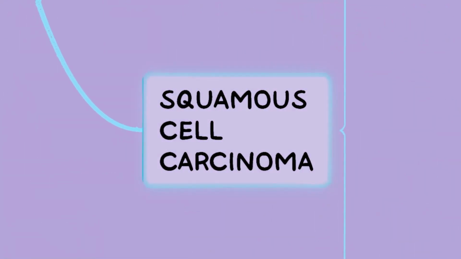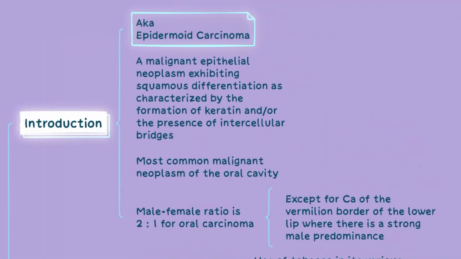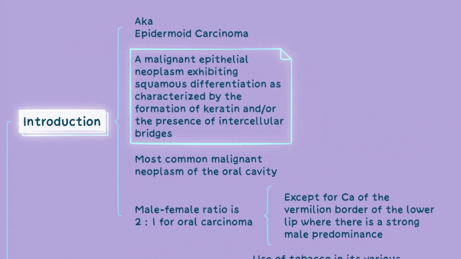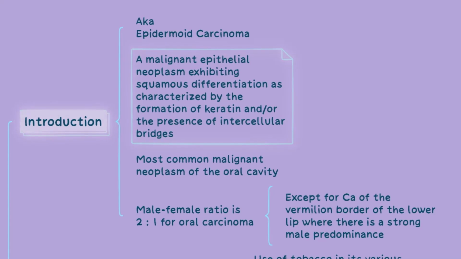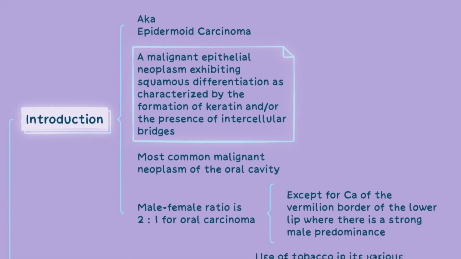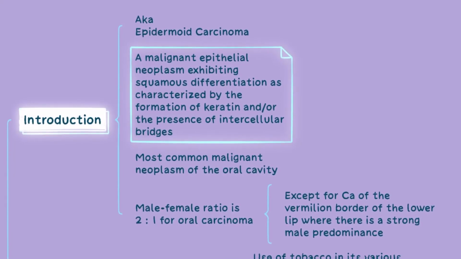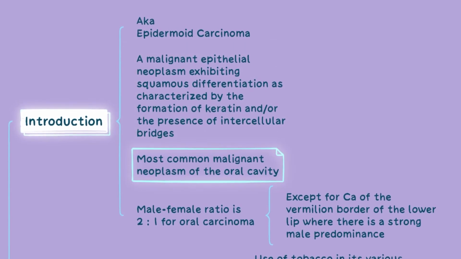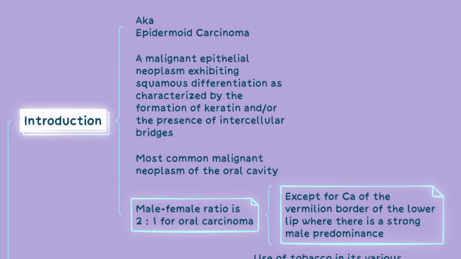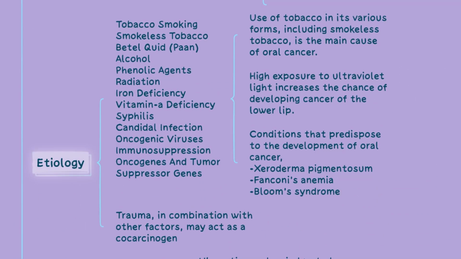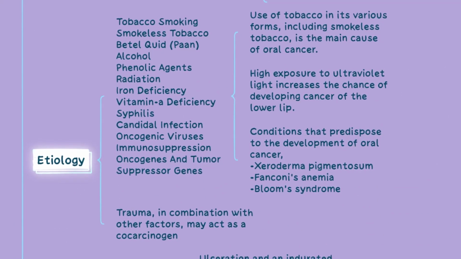Next, we come to squamous cell carcinoma, also known as epidermoid carcinoma. It is a malignant epithelial neoplasm that exhibits squamous differentiation characterized by the formation of keratin and/or the presence of intercellular bridges. It is the most common malignant neoplasm of the oral cavity and has a male predilection. The development of SCC is influenced by various risk factors.